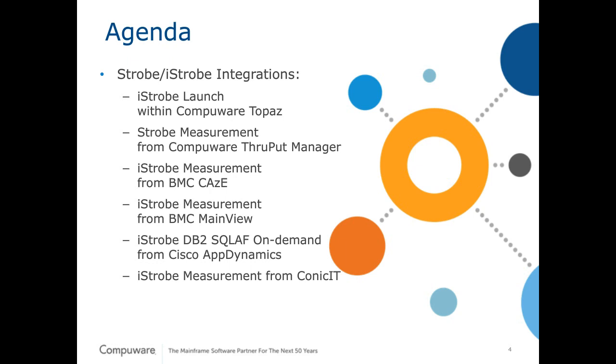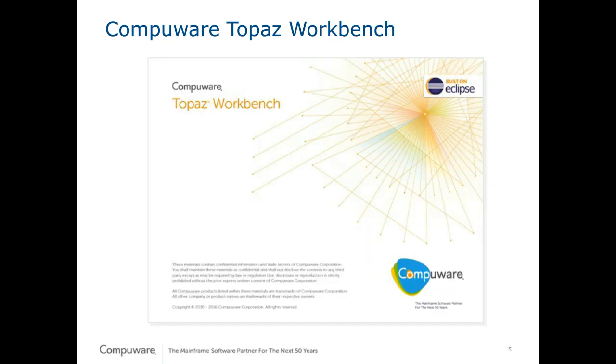So the first integration that we want to talk about is the Topaz Workbench. As Jim mentioned, Topaz is an Eclipse-based GUI interface for the Compuware products like Xpediter, File-AID, Abend-AID, HyperStation, Topaz for Java Performance, and iStrobe, just to name a few.